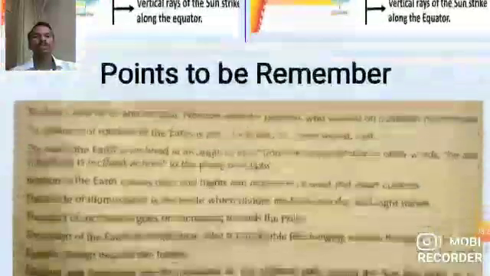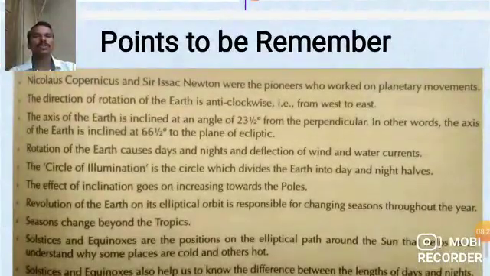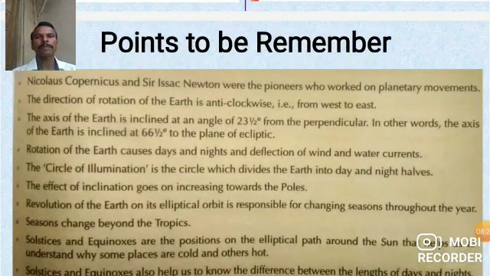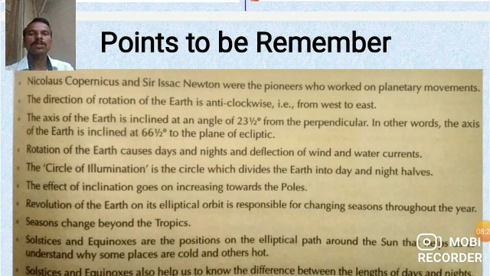So students, here are some points that need to be remembered. Nicholas Copernicus and Sir Isaac Newton were the pioneers who worked on the planetary system or planetary movements. The direction of rotation of the earth is anti-clockwise, from west to east. I already told you in the first slide, the earth rotates in the eastward direction, or we can say anti-clockwise also.